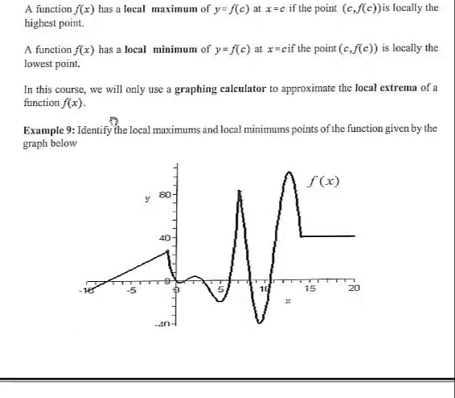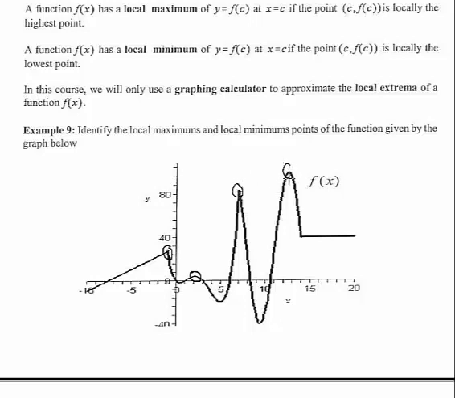Okay, so just looking at this function here, f of x, it's real easy to point out maximums and minimums. Now by local, we're saying that it's not the absolute maximum or minimum.